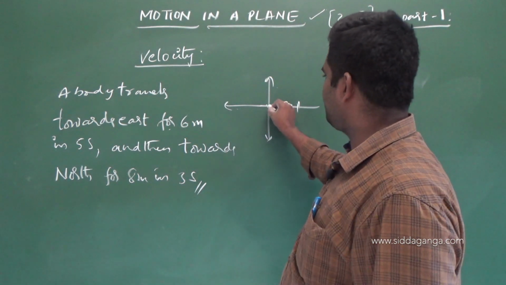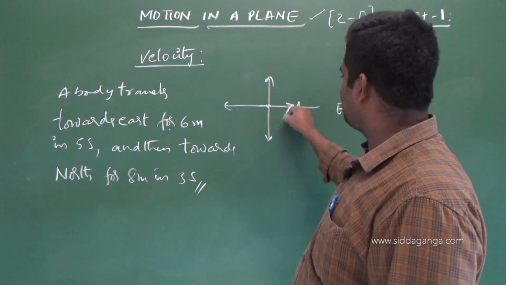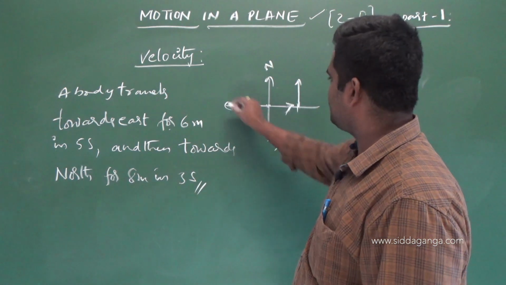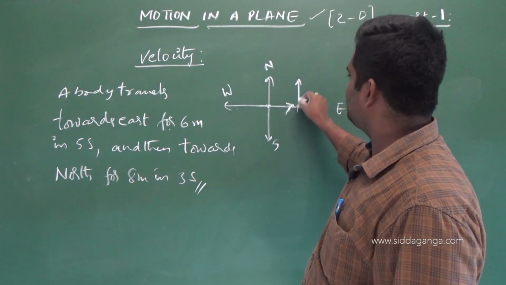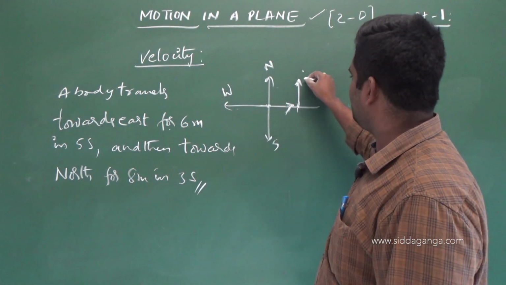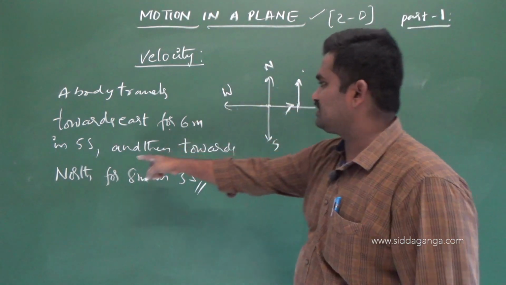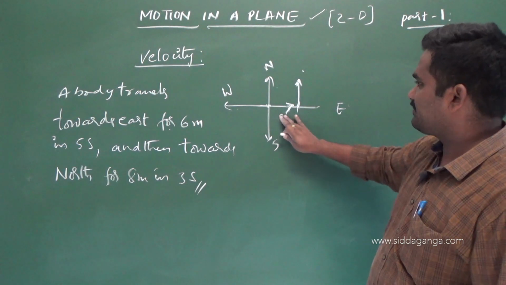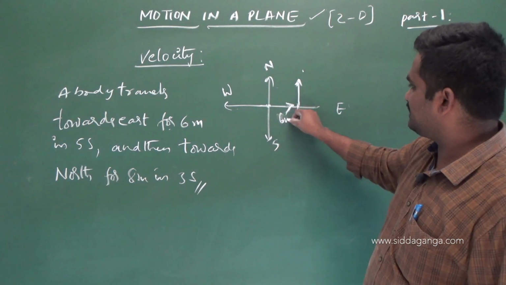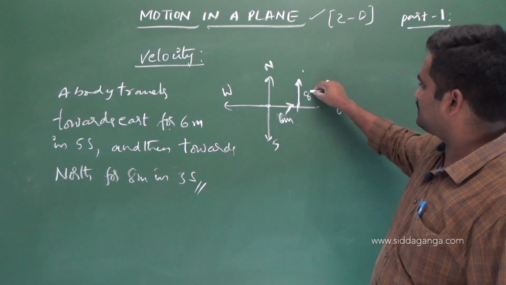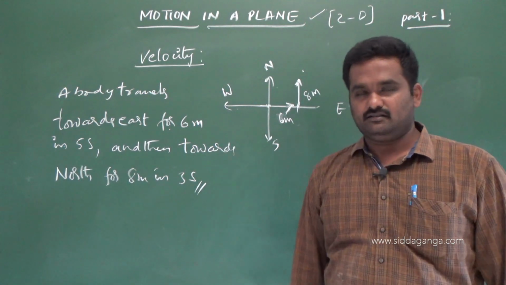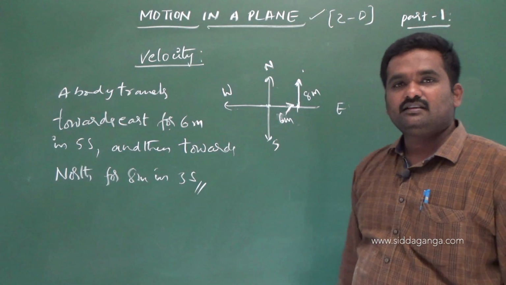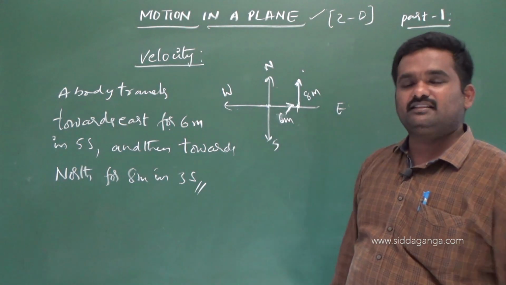Starting from the origin, it has travelled towards east and then towards north. East is 6 meters and north is 8 meters it travelled.